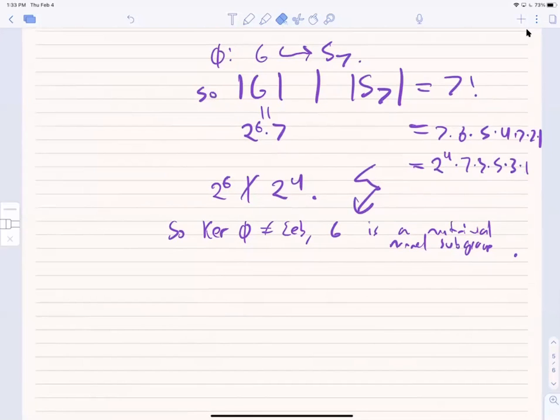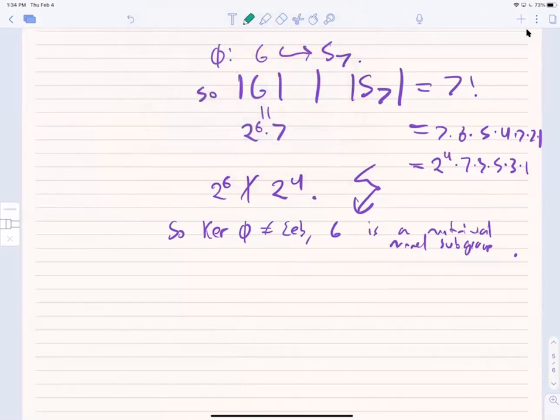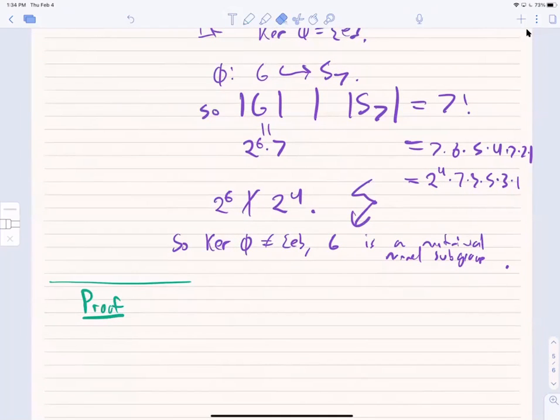Okay, so now we should talk about the proof.